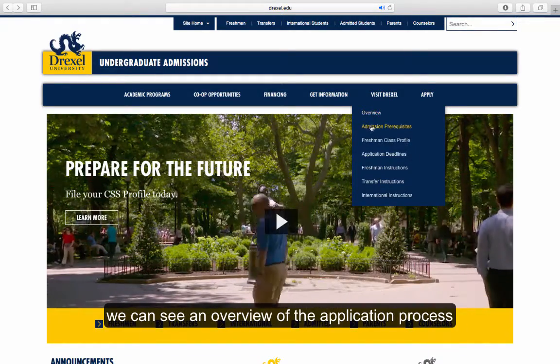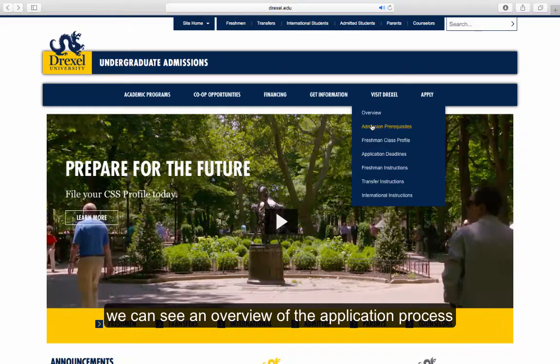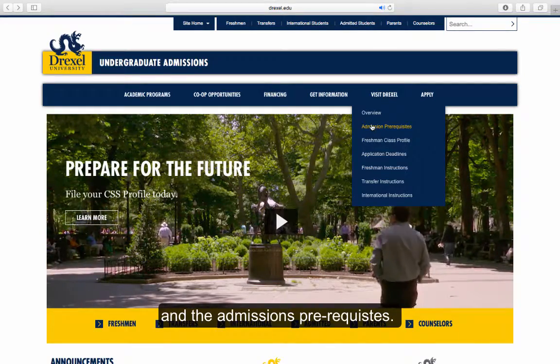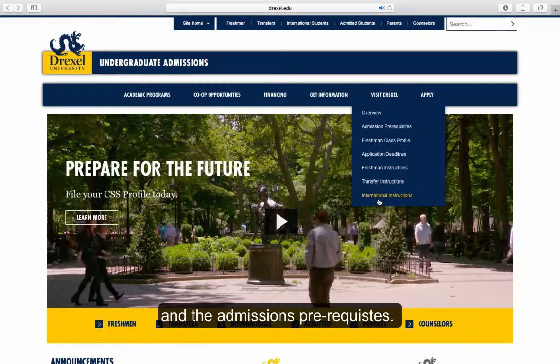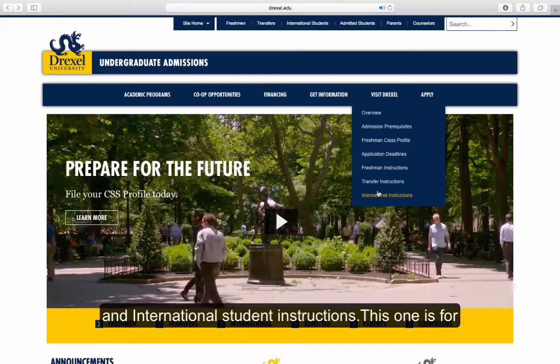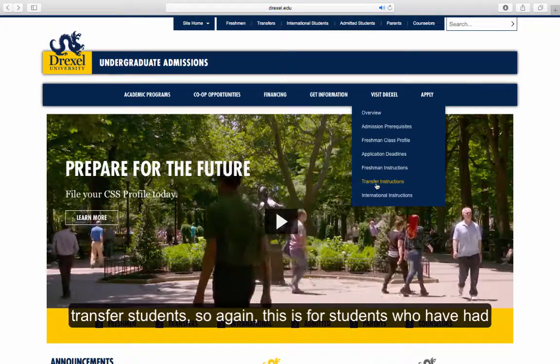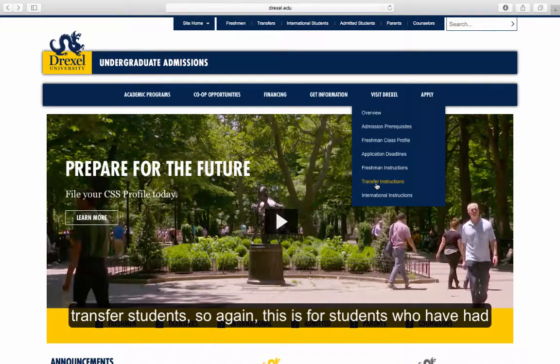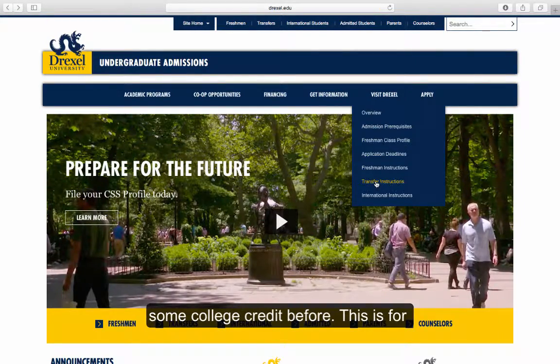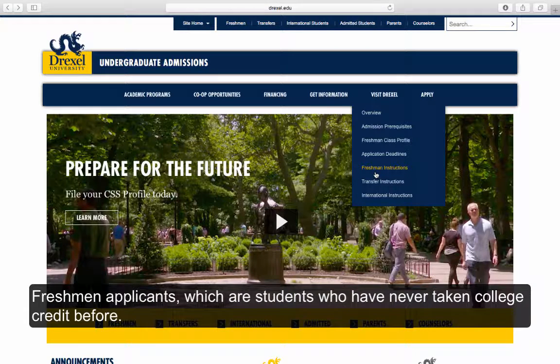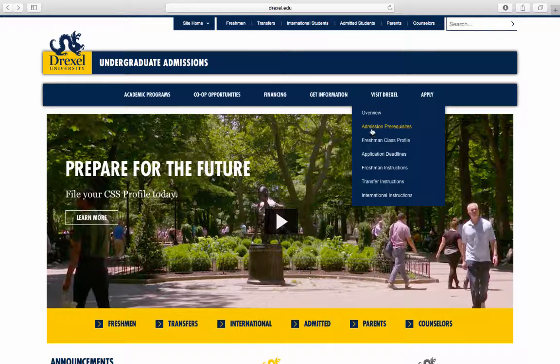Under the apply tab, we can see an overview of the application process, the admission prerequisites, and international instructions. This one is for transfer students, so again, these are for students who have taken some college credit before. And then this is for just freshman applicants, students who have never taken college credit before.